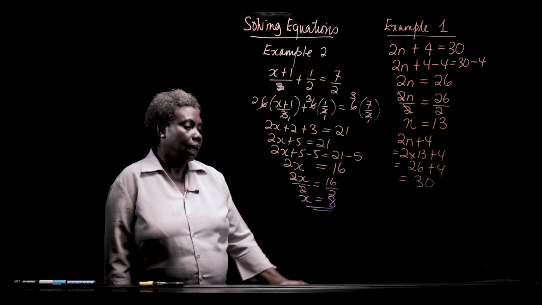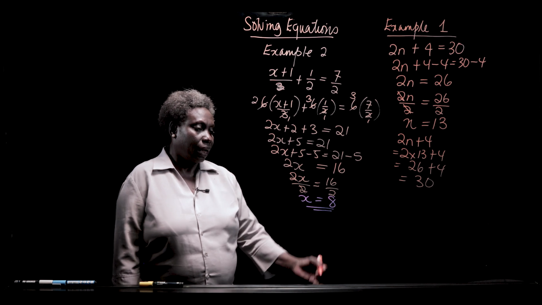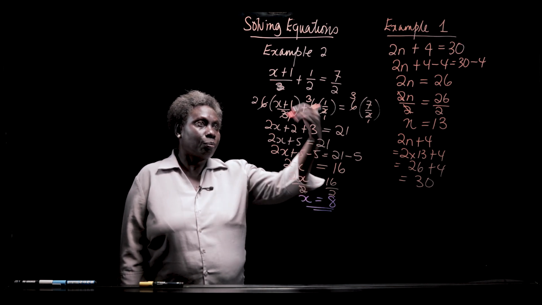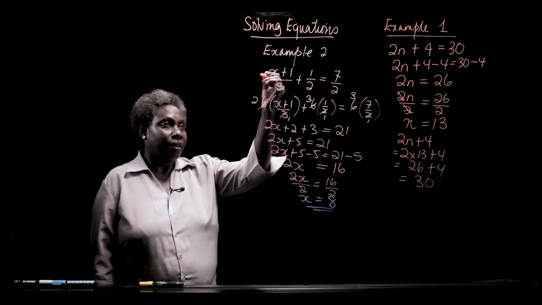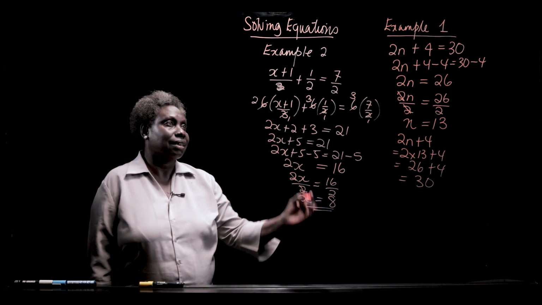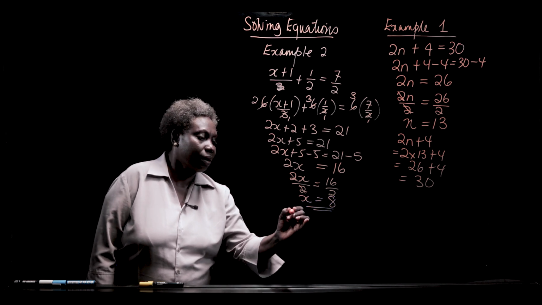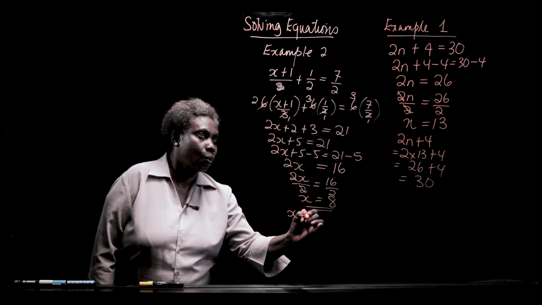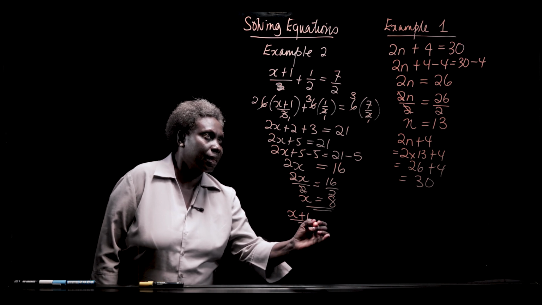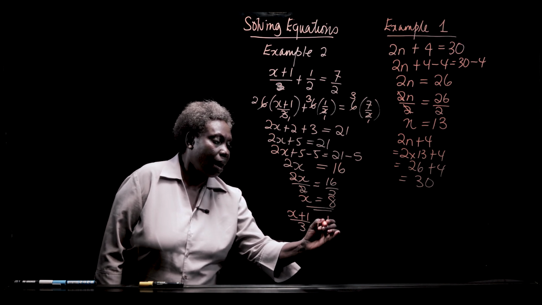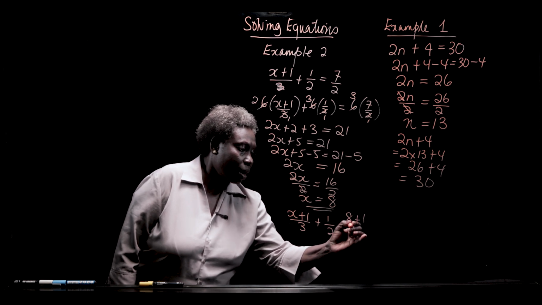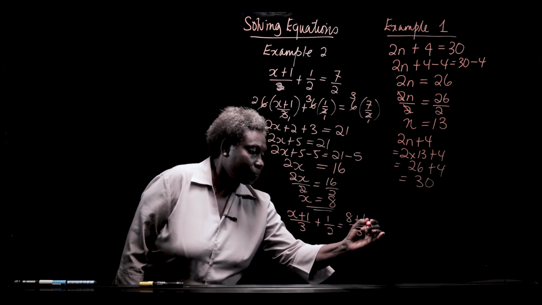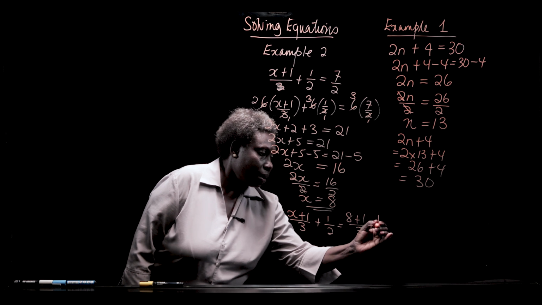Let's see if x equals 8 is the correct answer by substituting x equals 8 into the expressions on the left-hand side. So we have x plus 1 over 3 plus half is equal to 8 plus 1 over 3 plus half.